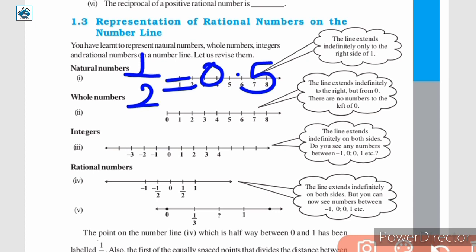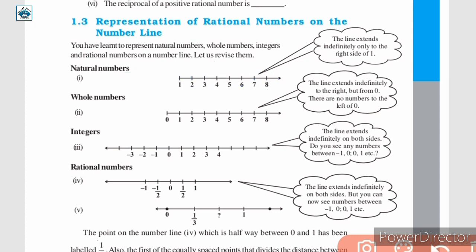So from this, we can say that on the number line, 1 by 2 belongs between 0 and 1. But it does not belong to the set of integers. We can find 1 by 2 under rational numbers because it is written in the P by Q form. So here between 0 and 1, we can find 1 by 2.